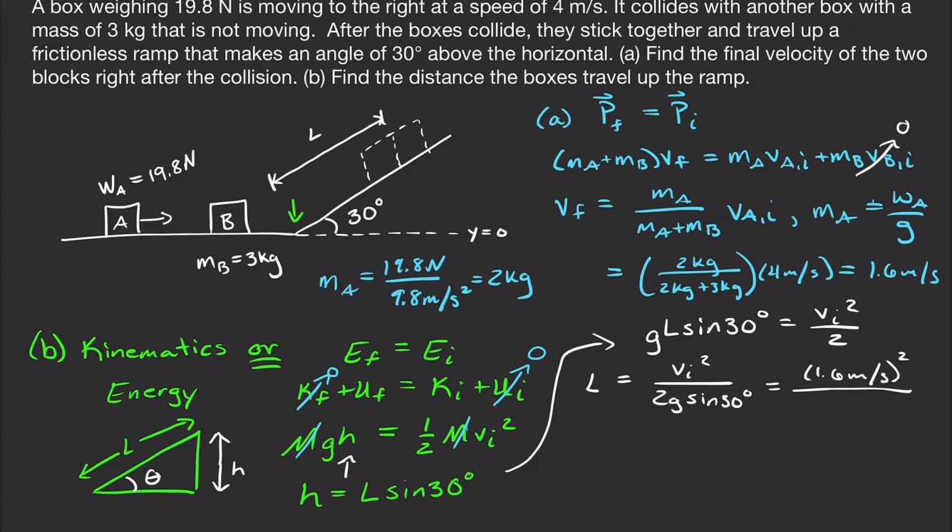It's now our initial velocity when we get to the bottom of the ramp. That squared over 2 times 9.8 meters per second squared times sine of 30 degrees. If we plug all that in, we get 0.26 meters up the ramp.